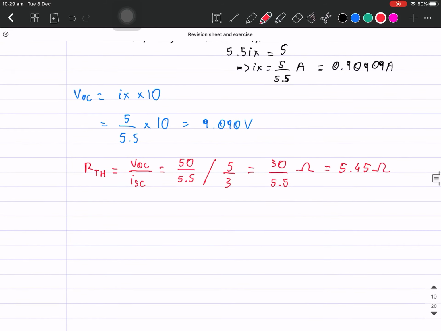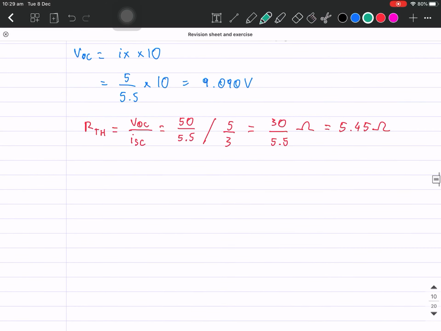So now we can draw our circuits with the Norton equivalent and Thevenin equivalent. Okay, so firstly I'm gonna draw the Thevenin equivalent of the circuit. This is VOC, which is 9.09 volt.